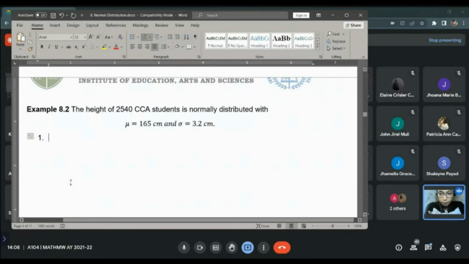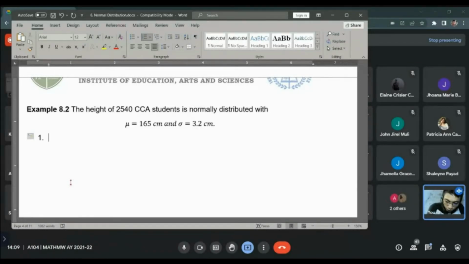Example number 1. Again, the height of 2,540 CSA students is normally distributed with the average height of 165 centimeters and the standard deviation of 3.2 centimeters. Number 1.